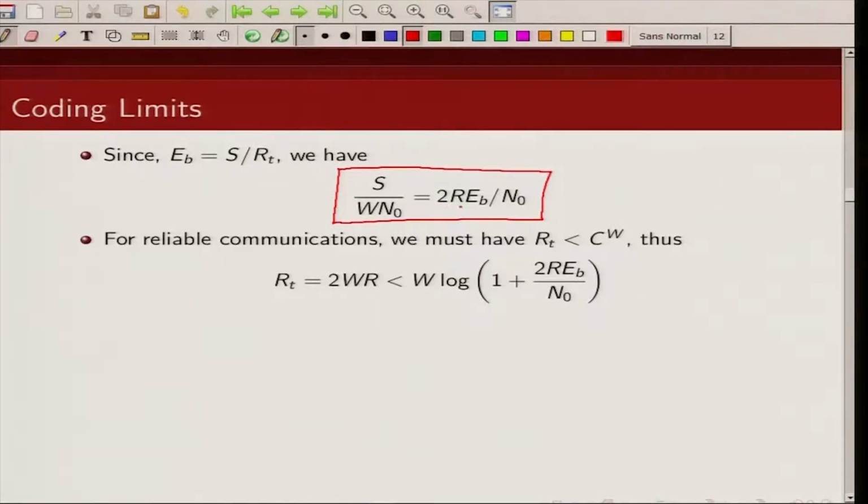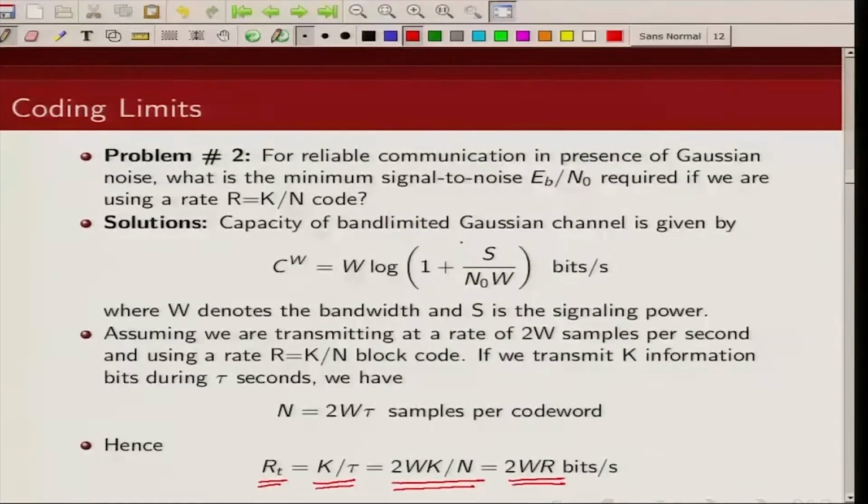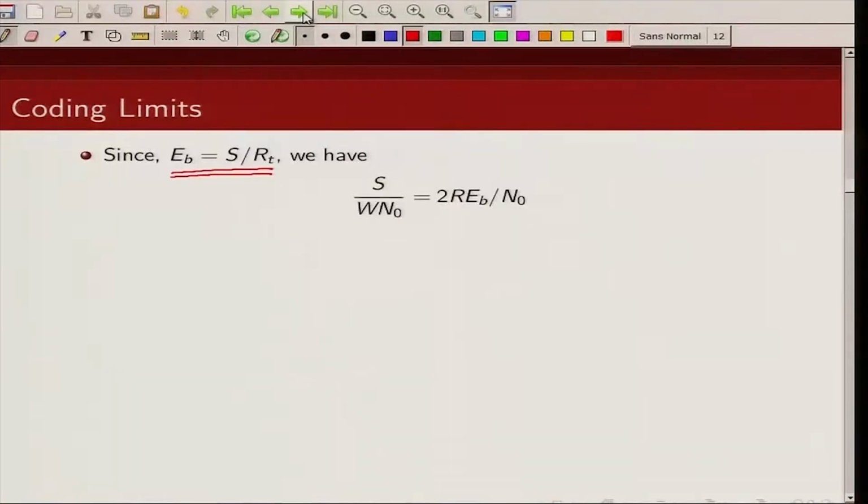This is equal to 2 times code rate into SNR per information bit. So, in this expression of capacity of band limited channel, we can replace this expression by this.